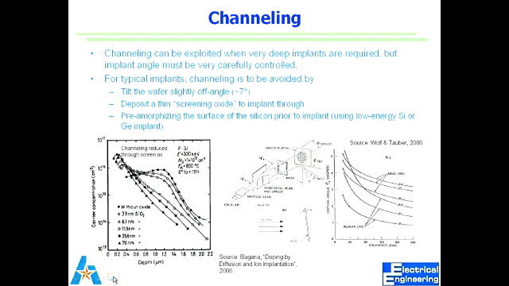And just to get rid of any channeling, we give a large angle, 7 degrees off-axis. And we give a screen oxide. Right? So this is again the angle which tells us for different types of wafers what kind of angle would be needed and what energy would be needed. Right? Questions?